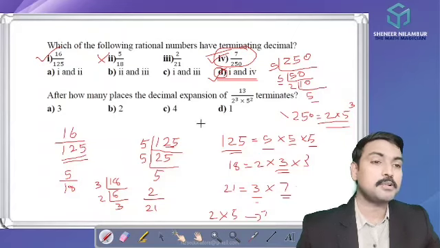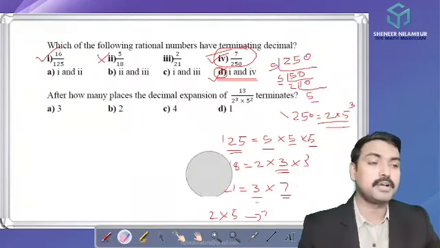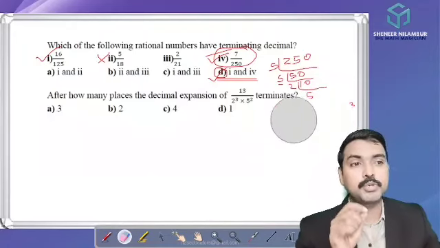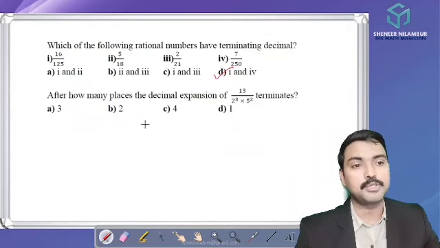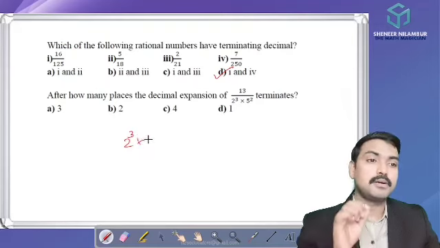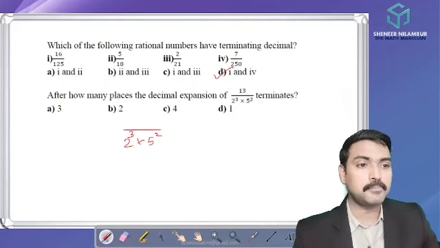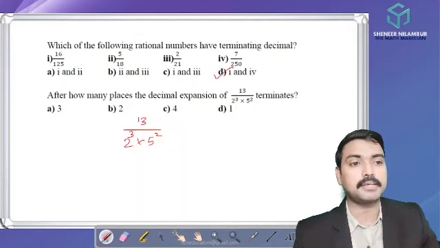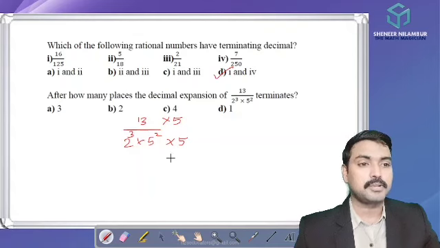Okay, second question: after how many places will the decimal expansion of 13 by 2 cube into 5 square terminate? Here the denominator is 2 cube into 5 square. 2 comes 3 times, 2 into 2 into 2, and 5 into 5 only 2 times. So if we multiply the numerator and denominator by 5, what will be the change in the denominator?